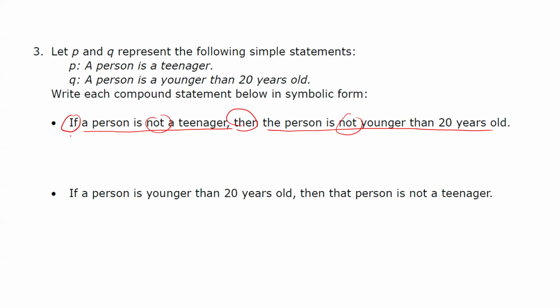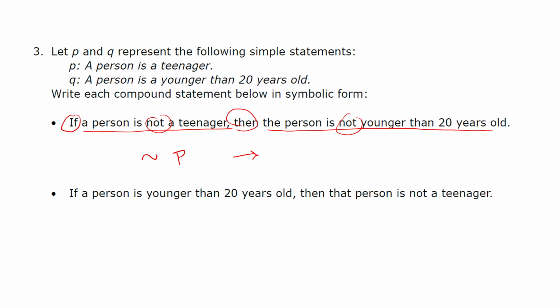Okay. So we know we have if then, which means we are going to be working with a conditional statement. We also know that we have two nots, so we're going to have the negation symbol. So not a teenager. So P is a person that is a teenager. So we want not a teenager.